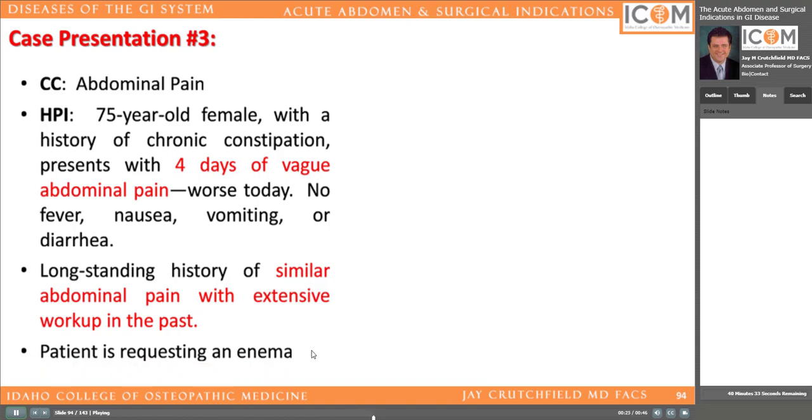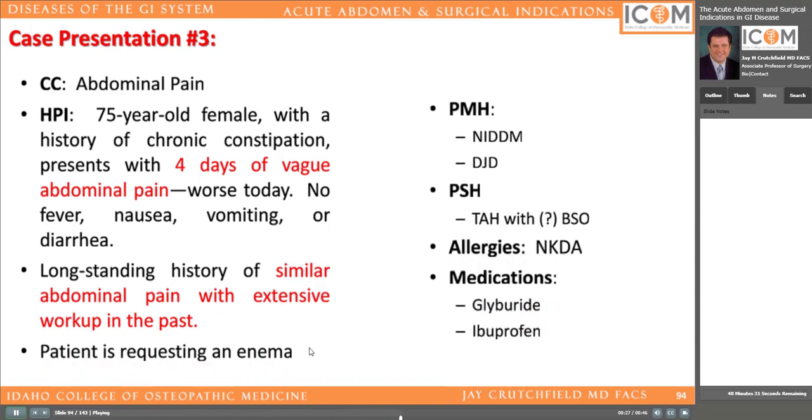She's actually requesting an enema. Past medical history is notable for non-insulin dependent diabetes, degenerative joint disease, and her past surgical history is notable for a hysterectomy with removal of both ovaries and tubes. She's not allergic to any medications, and she takes glyburide and Motrin.